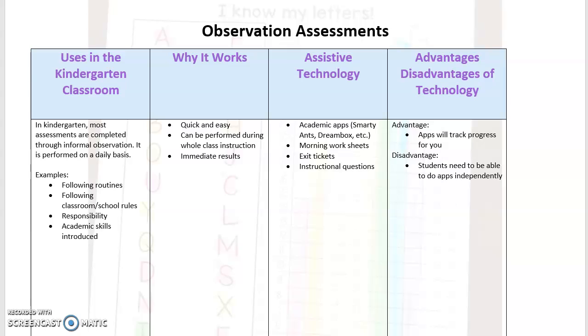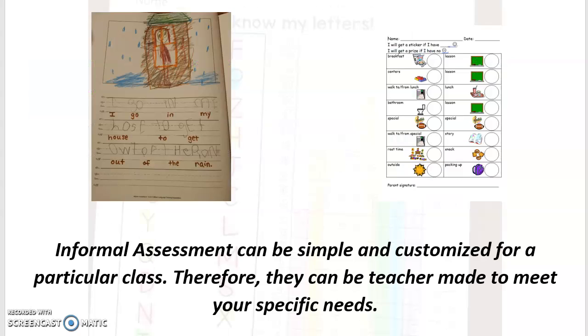You can use assistive technology such as apps like Smarty Ants and Dreambox, morning worksheets, exit tickets, and instructional questions. An advantage is the apps will track the progress for you. A disadvantage is students need to be able to do the apps independently.